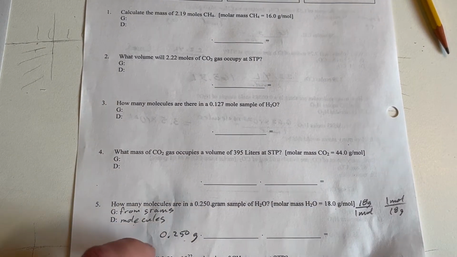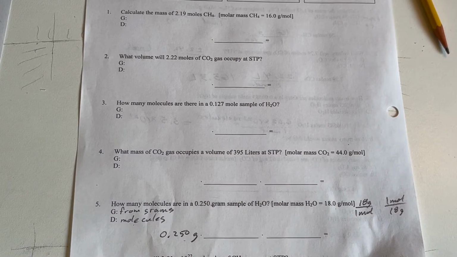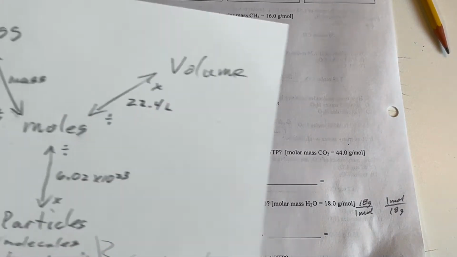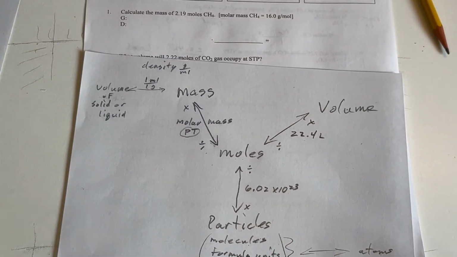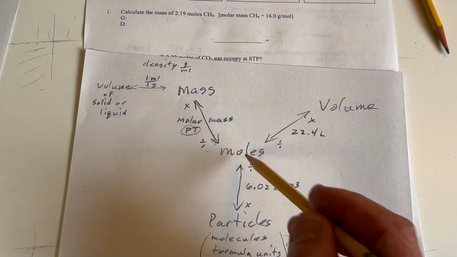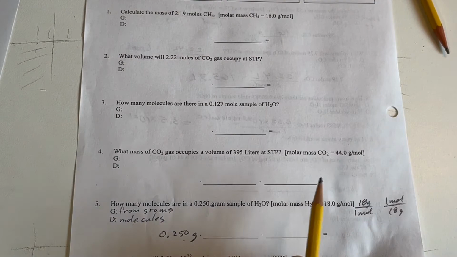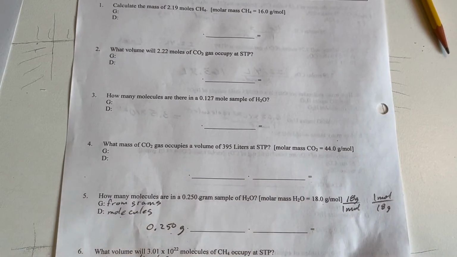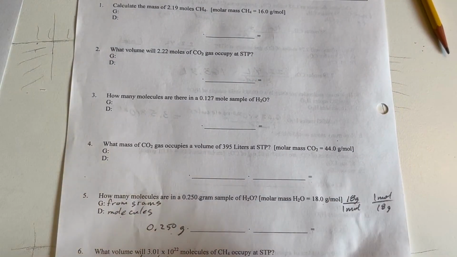Actually, I can't go from grams right to molecules. This is a 2-step problem. That's one of the reasons I'm showing you this. We're trying to go from grams to particles, so we have to change to moles first. All right, so we have to go from grams to moles, then to molecules.